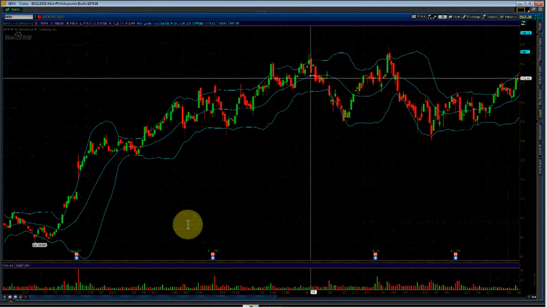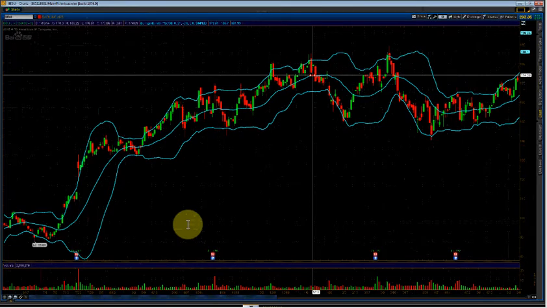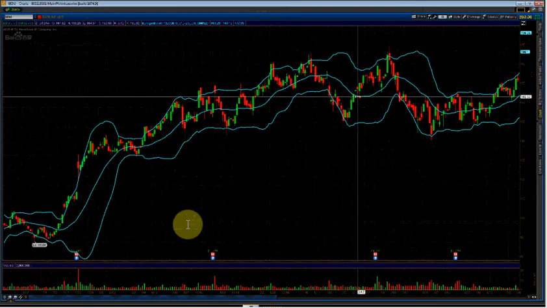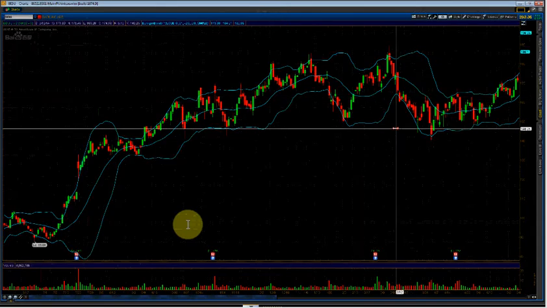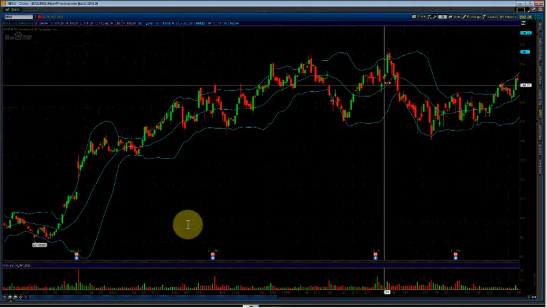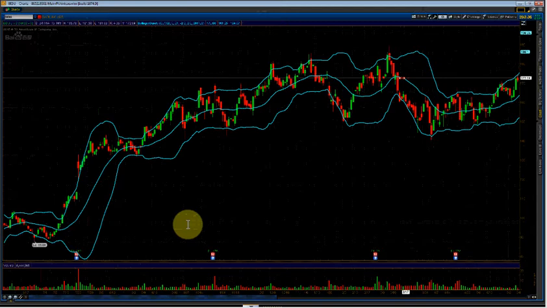So that being said, would the center line matter to me at all, as far as support or resistance? Well, it does, as what it actually is.